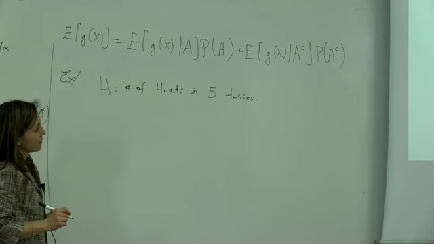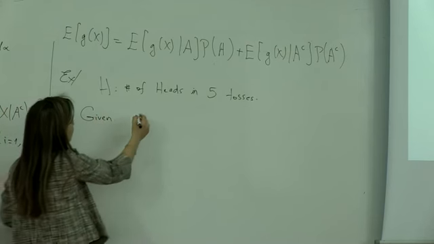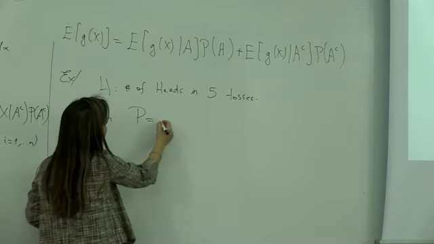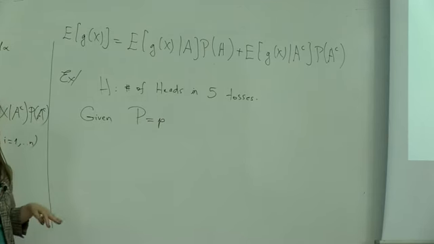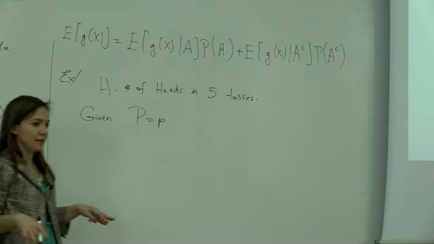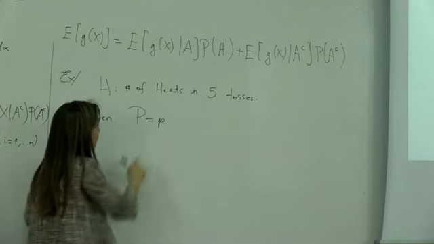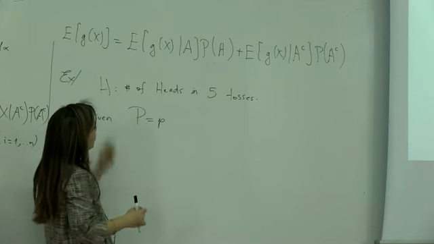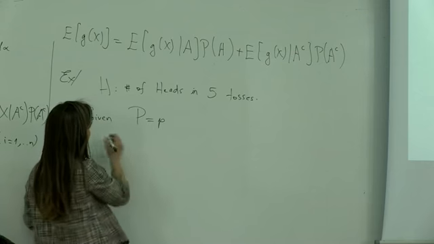What else do we know? Given that p is equal to small p, so if they give us the probability of heads in any toss as small p, then I know the PMF of H. What is the PMF of H?